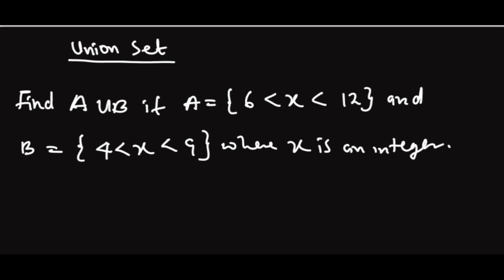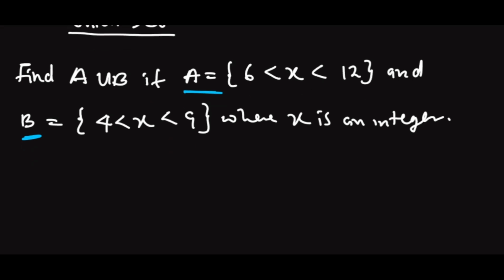Now this is super easy. All you need to do first is to list all the elements of our A and our B. So we go ahead and do that quickly.